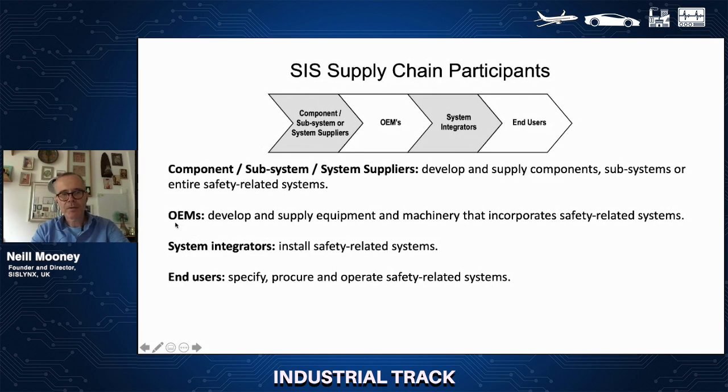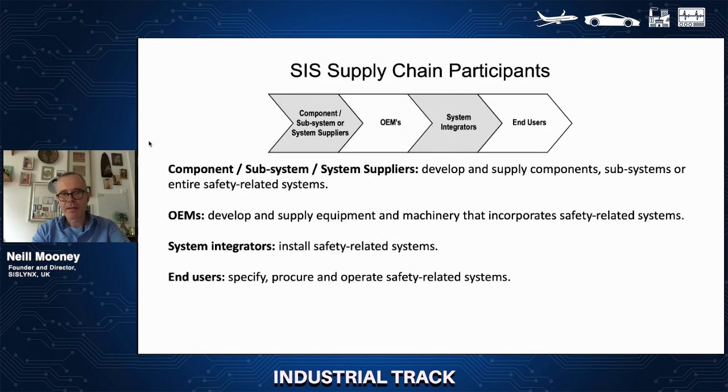We have OEMs, original equipment manufacturers, who develop and supply equipment and machinery that incorporates safety-related systems. So an example could be a 3D printing machine that has an SIS installed within it that monitors, say, oxygen levels and takes some action with an actuator based on a predefined set point of what is the critical oxygen level.